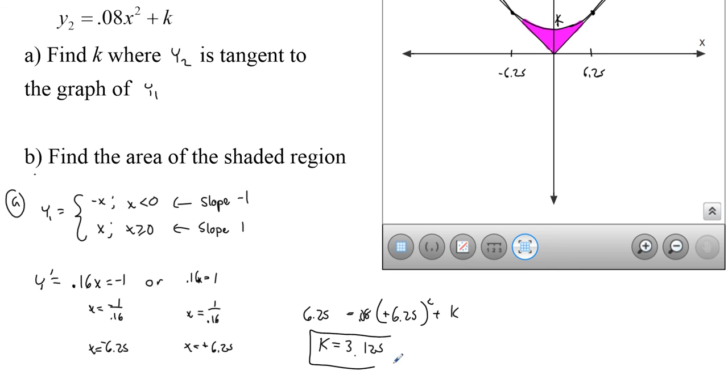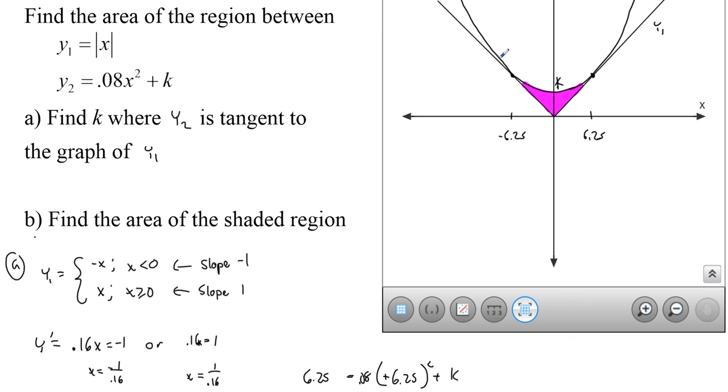So that's the k value, and my equation for y2 is y2 equals 0.08x squared plus 3.125. All right, that's good. Now, this y equals 0.08x squared plus 3.125 is obviously the higher value of the two.